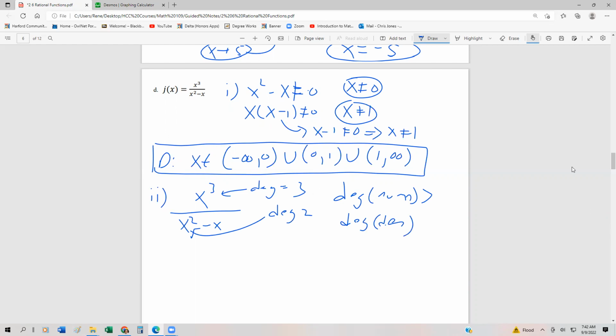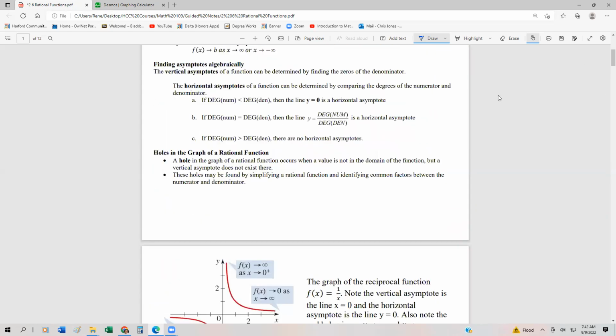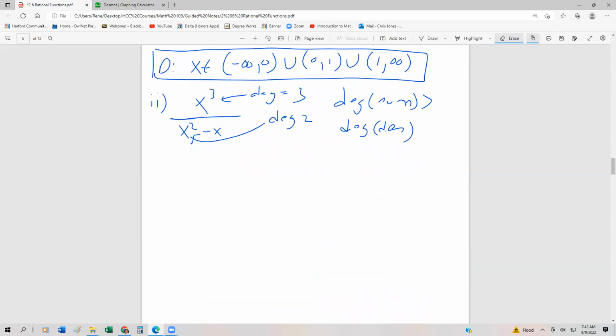Let's go all the way back up and remember that if the degree of the numerator is greater than the degree of the denominator, there are no horizontal asymptotes. So the three examples we've looked at so far have all had horizontal asymptotes. This one doesn't. So we would just say that there are no horizontal asymptotes.